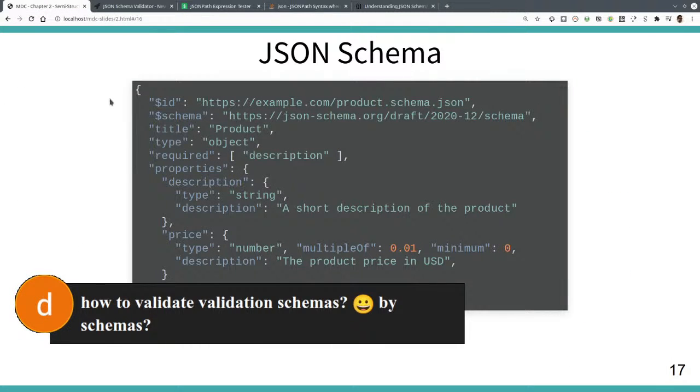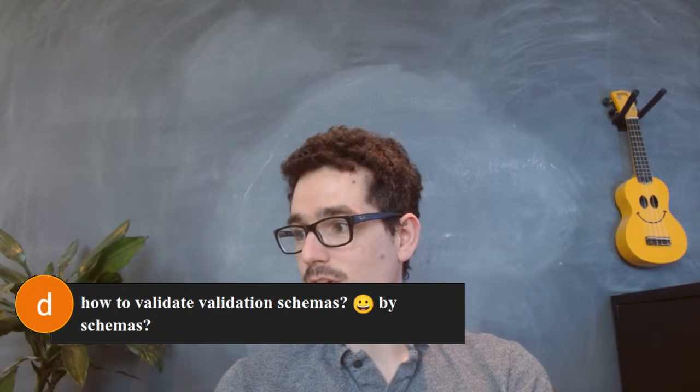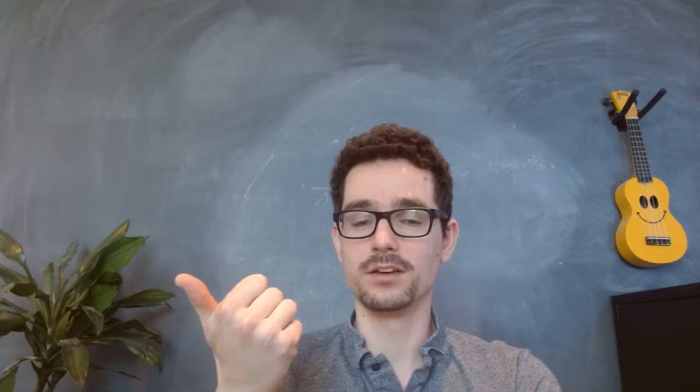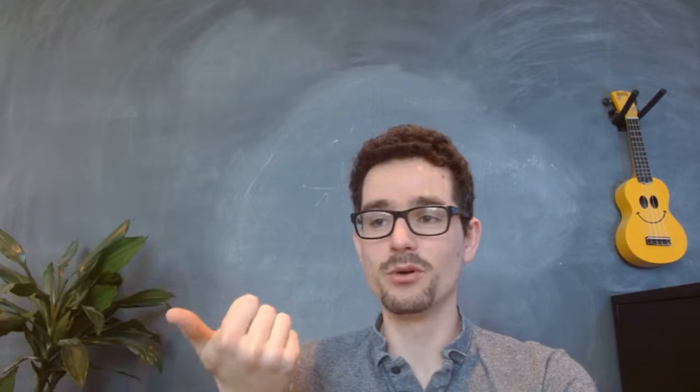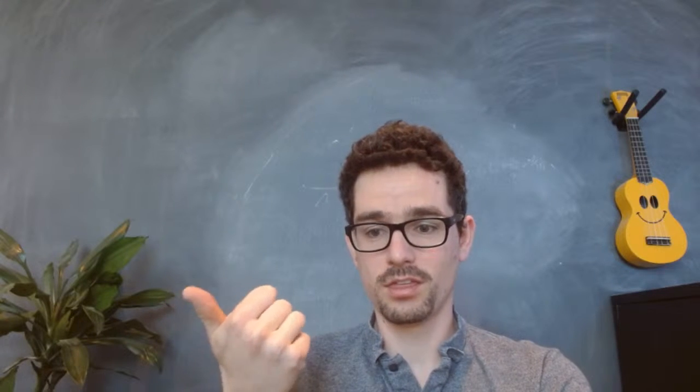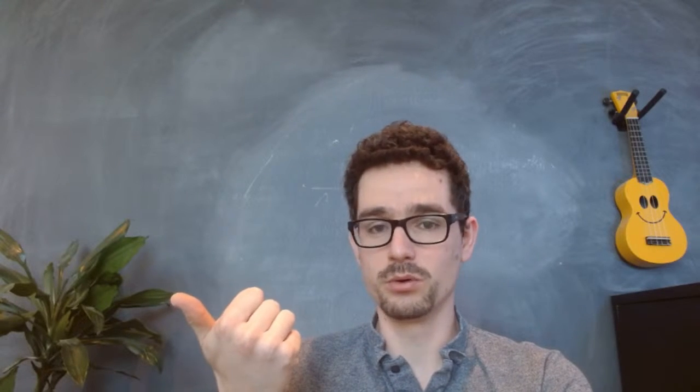So a JSON schema has multiple functions, multiple meanings. It is a documentation. It describes how the JSON documents look like, so that the application developer knows what the documents will look like.